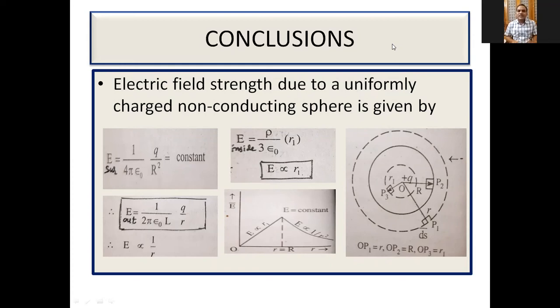Outside, we got the same relation, E inversely proportional to R square. But inside the non-conducting sphere, at the center, field strength is always 0. As we move from the center to the surface, the electric field strength increases linearly according to the relation E directly proportional to R1 and becomes maximum at the surface. After that, E decreases according to the relation E inversely proportional to R square.